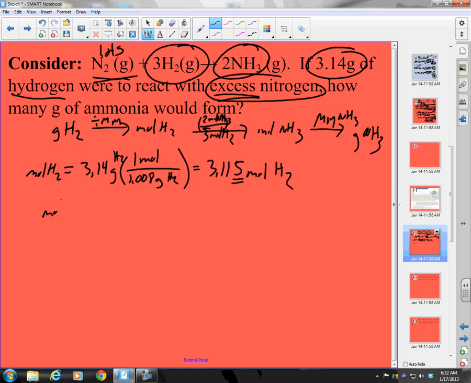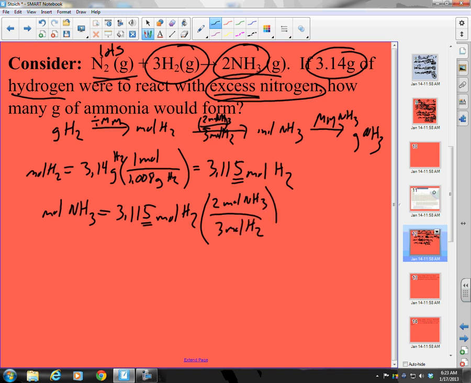And then I want moles of ammonia, which is equal to 3.115 moles of H2 times what? 2 moles of ammonia per 3 moles of H2, my mole ratio. Cool. Times 2 divided by 3, and I get 2.076 moles of ammonia, NH3.